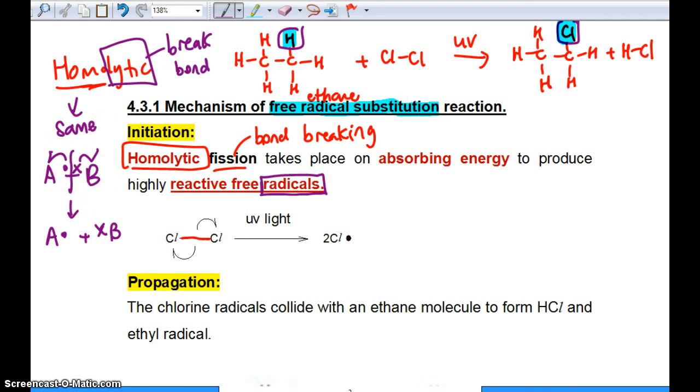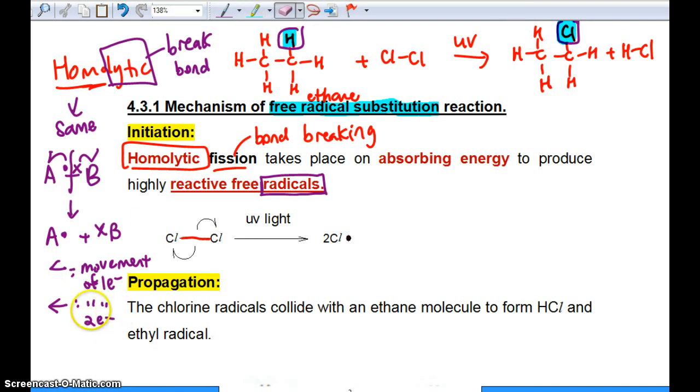Arrows in organic chemistry represent the movement of electrons. So this fish hook is a half arrow. It represents the movement of 1 electron. Please take note now. Half an arrow represents the movement of 1 electron. A full arrow represents a movement of 2 electrons.